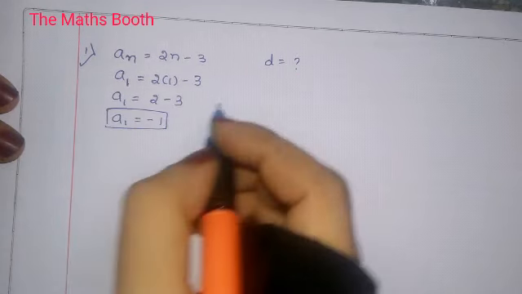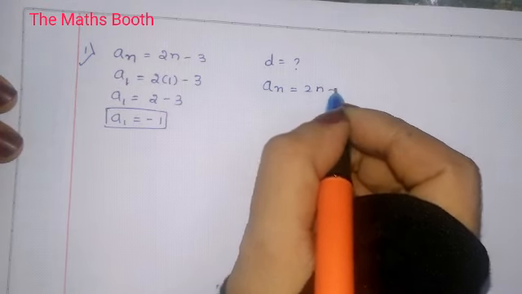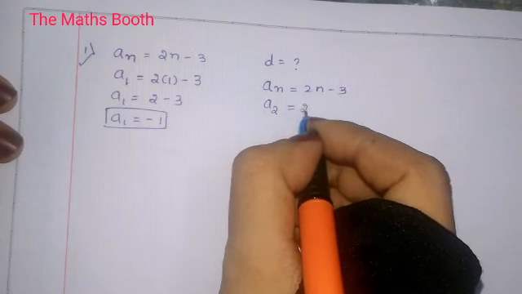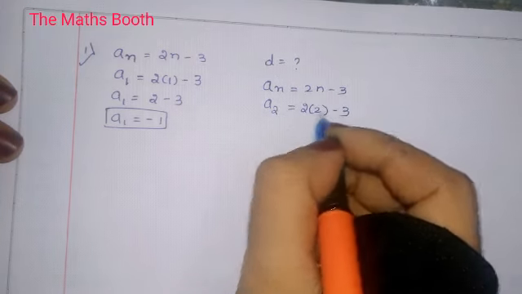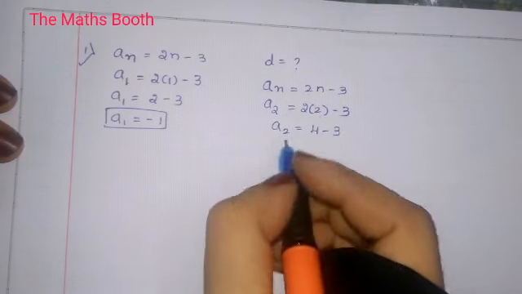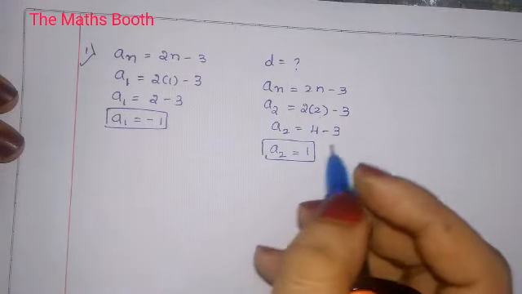We got a1. Similarly we will find a2. an is equal to 2n minus 3. In place of n we substitute 2. a2 is equal to 2 into 2 minus 3. 2 twos are 4, minus 3, and a2 is equal to 1. So here we got a1 and a2.